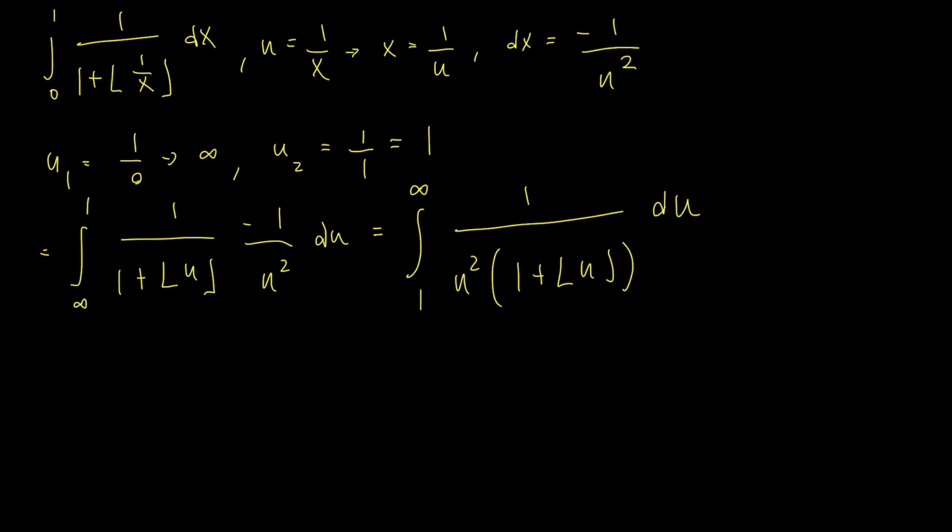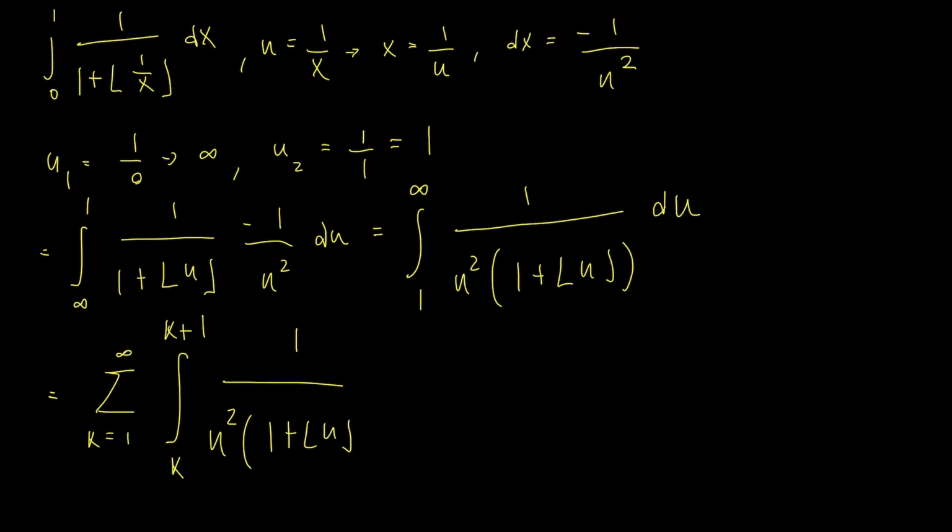And then from here, we can rewrite the integral as the sum from 1 to infinity of the integral from k to k plus 1 of 1 over u squared times 1 plus the floor of u du.